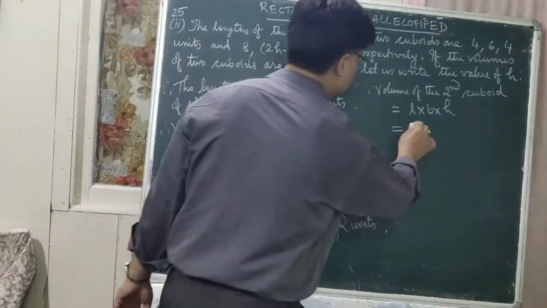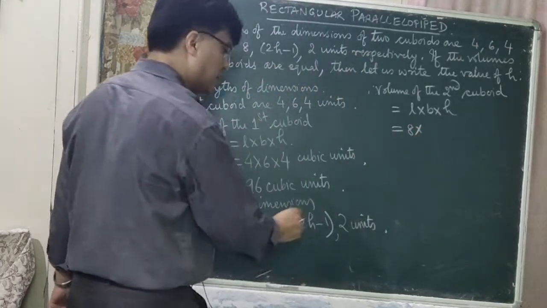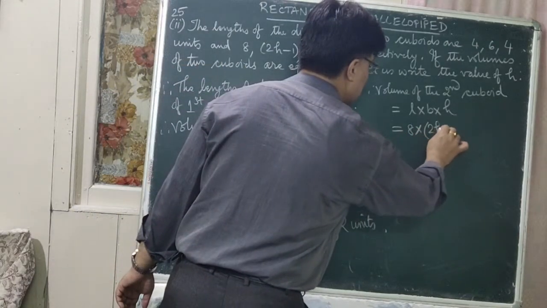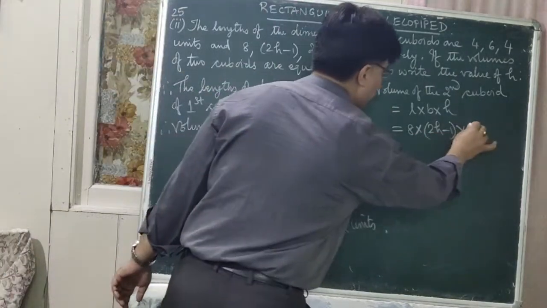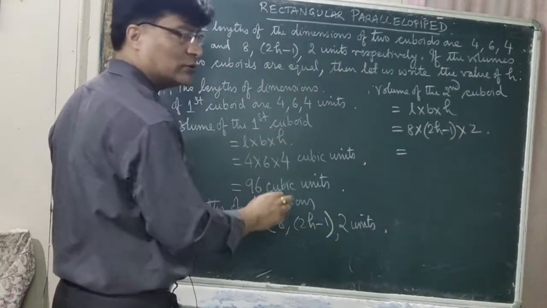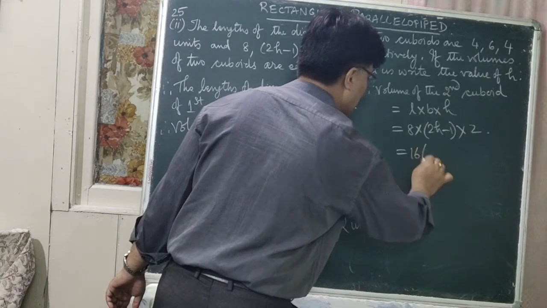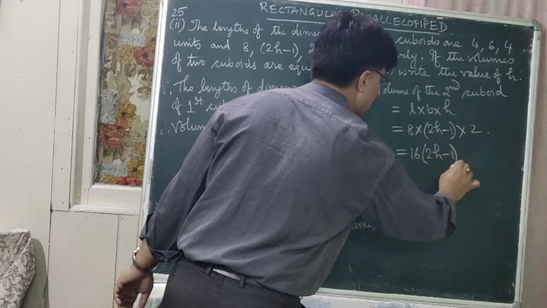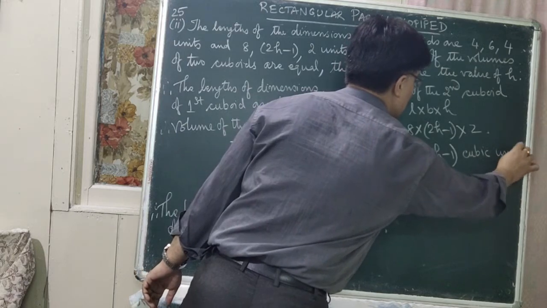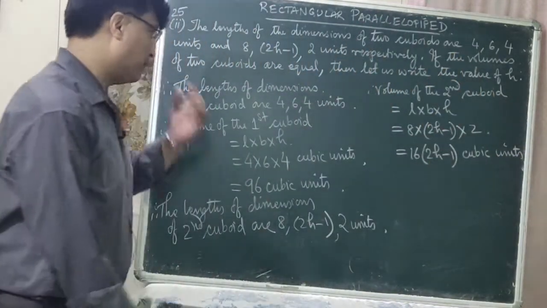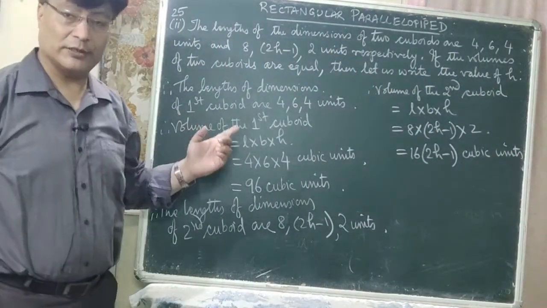It is 8 into, what is the breadth? It is 2h minus 1 into, what is the height? It is 2. So which is equal to 8 2s are 16 within bracket 2h minus 1 cubic units. So this is the volume of the second cuboid.